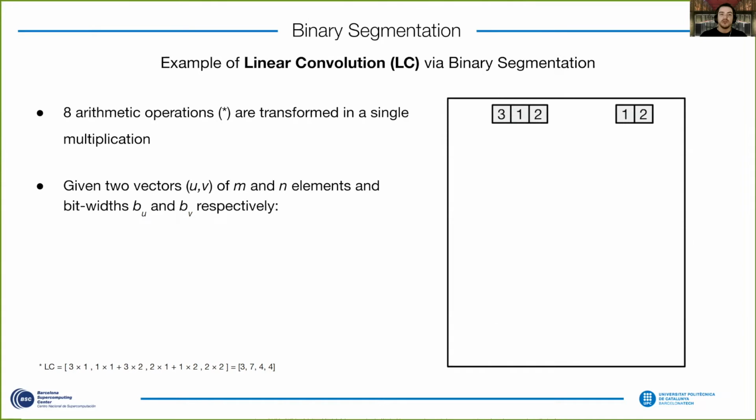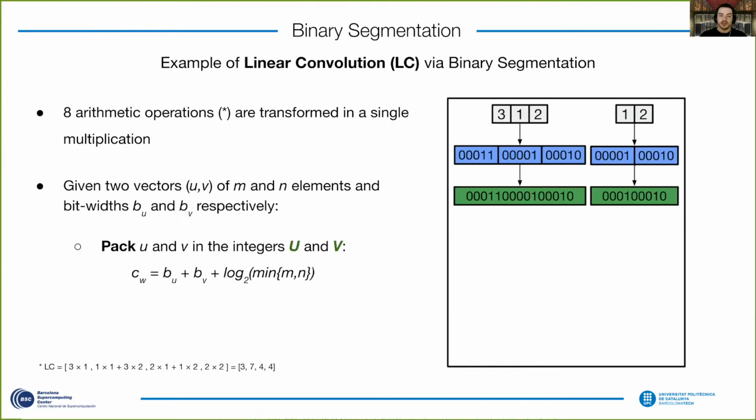Similarly, if you want to compute the linear convolution between these 2 vectors via the standard method, you would require 8 arithmetic operations between multiplications and additions, while with binary segmentation, it is possible to perform the same computation with just a single multiplication. Similarly to the case of the inner product, it is necessary to express the input elements as a single variable, each variable having a specific clustering width specified here.